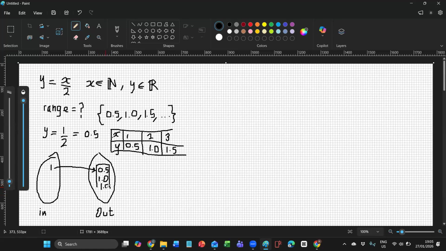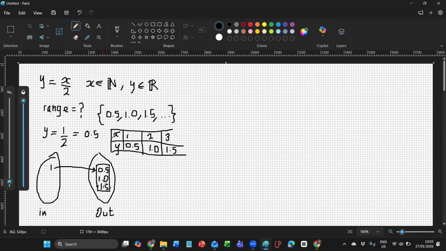Okay. All right. So this is the range, right? Of course, I'm not saying that it's only these three that are there, but you understand what I'm talking about, right? Okay, good. All right. So that's the range.